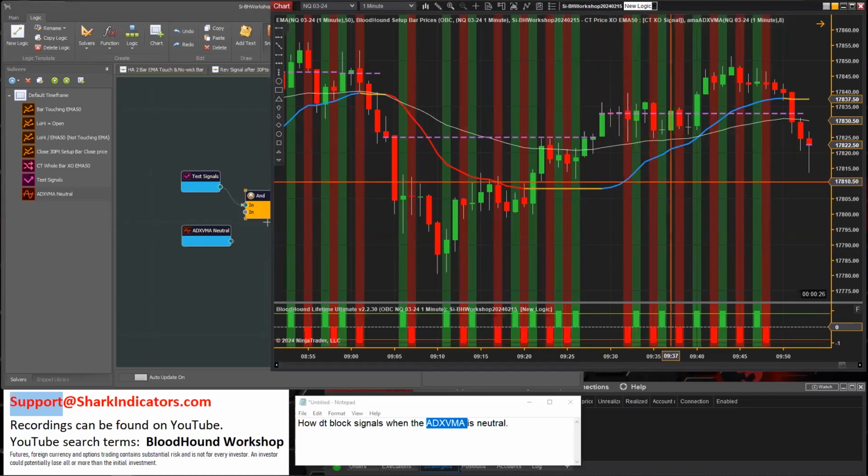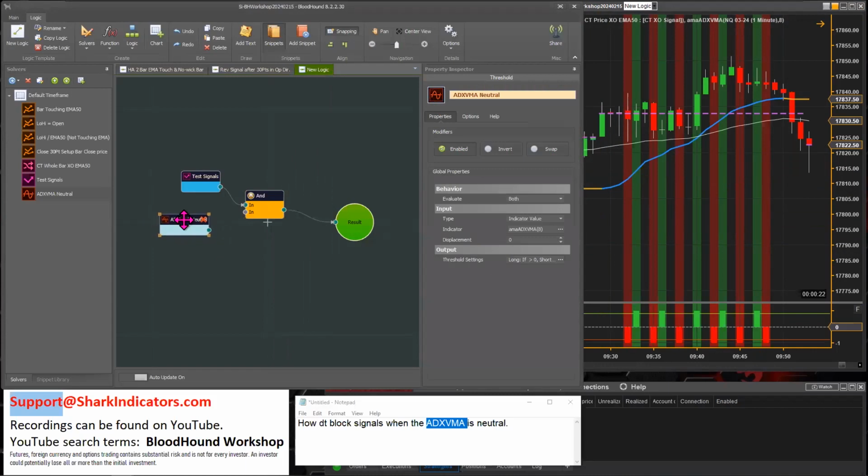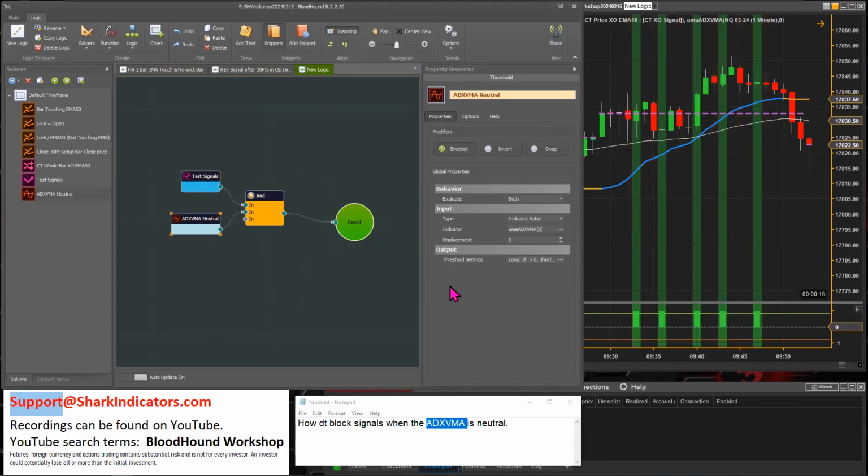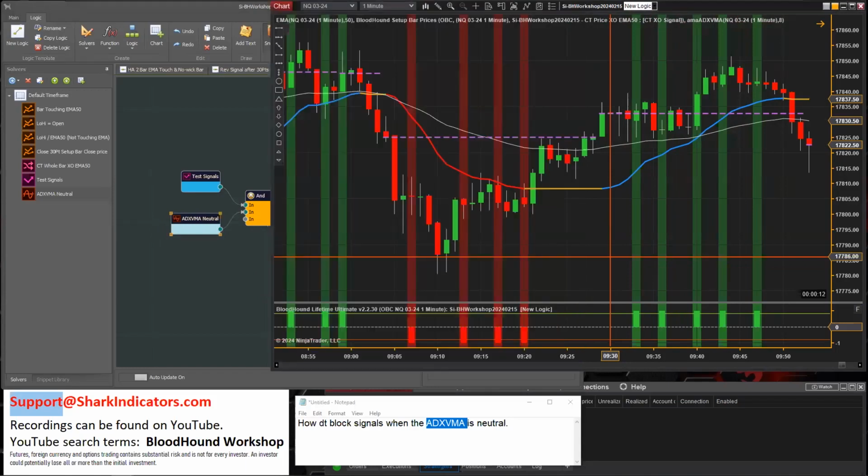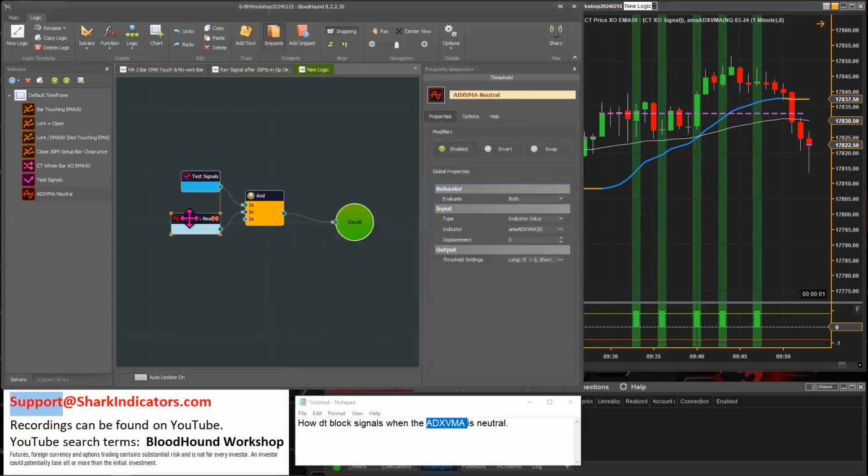Long, short, long, short, long, short, all that. And now we can add in our ADXVMA filter like so. Right, there you go. And now we only see the long signals. And when the ADXVMA is down, we're only seeing short signals. So that's probably the most common.